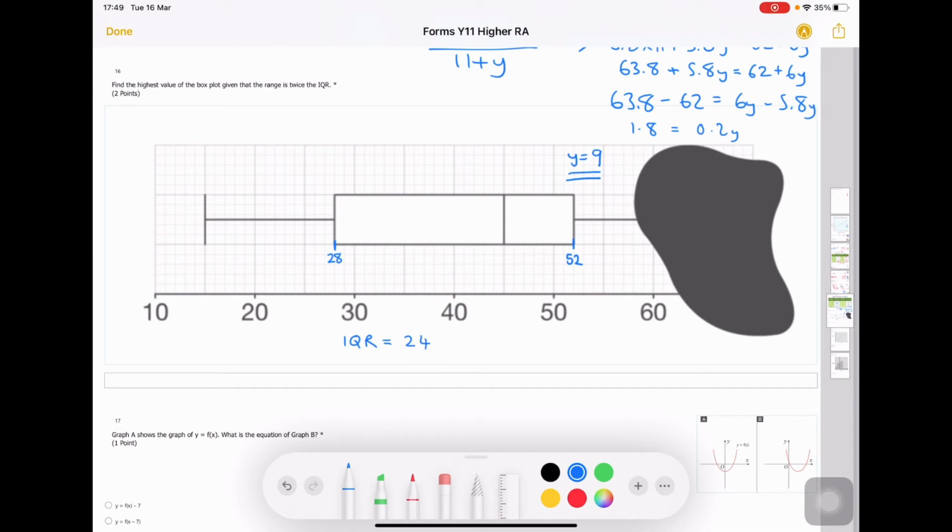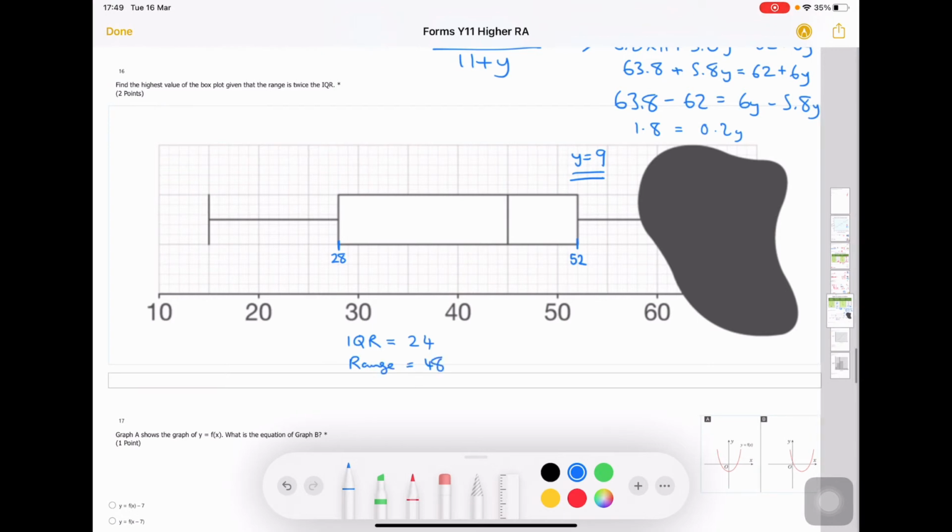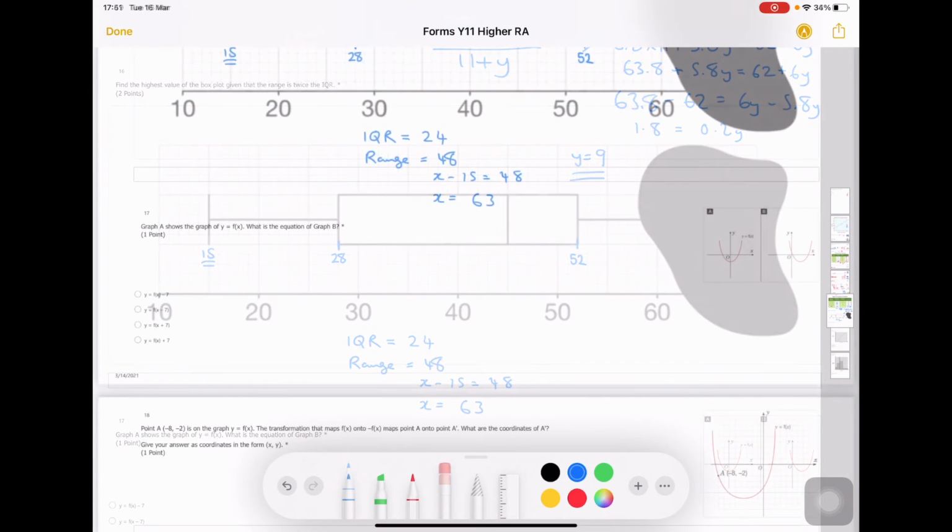So the range is double. The range is 48. And so it's going to be the highest value take away 15. So let's write x take away 15 equals 48. And so x equals 63.